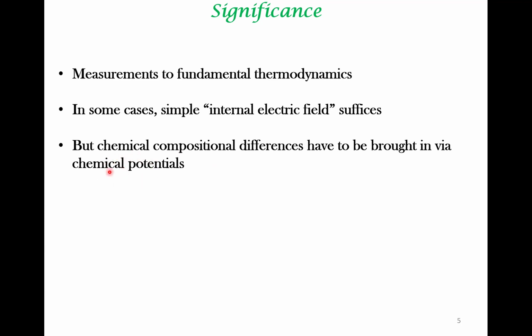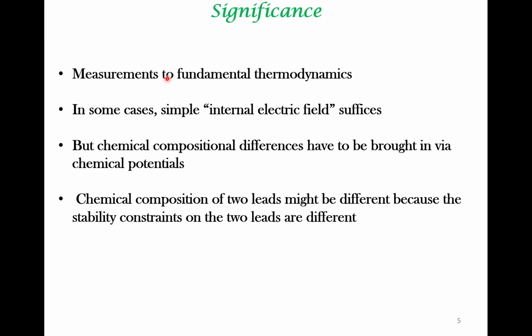That has to be clarified and understood and related to what is measured by the voltmeter. And this is not an esoteric topic, because often you use two different electrodes made up of two different metals because the conditions at the two electrodes are very different.